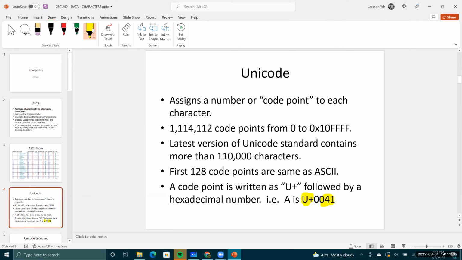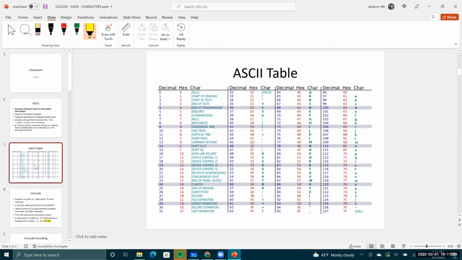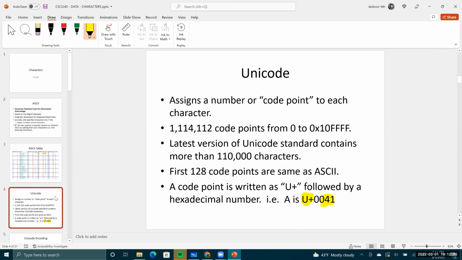So look at the difference. This is 41. If we go to ASCII, notice that hex 41 is over here, but it's decimal 65. So when you're encoding Unicode, make sure that you are encoding the hex value and not the decimal value.